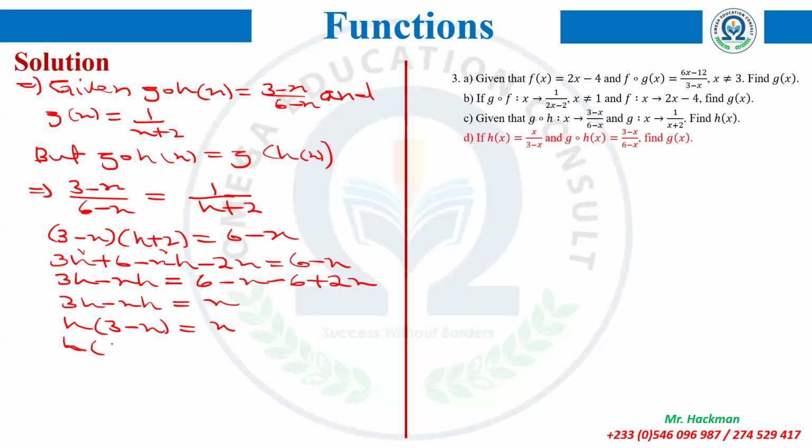Are you following? Yes, please. Okay, I divide by 3 minus x. So I will therefore have h of x equal to x over 3 minus x, where x is not equal to 3. All correct?